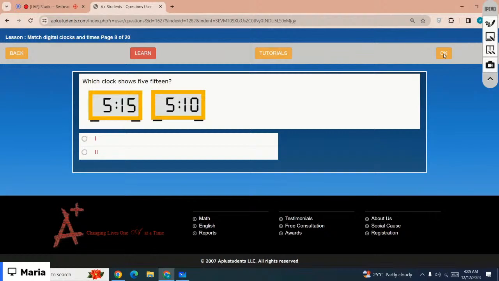Which clock shows 5:15? Which is the correct option? Yes, it is.